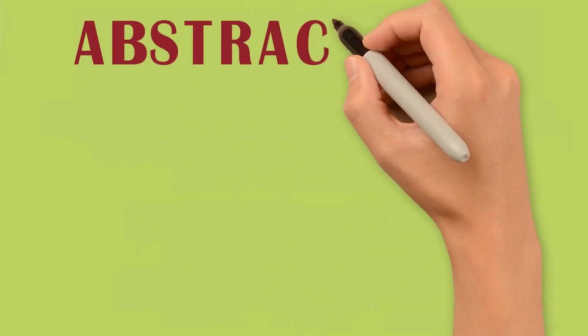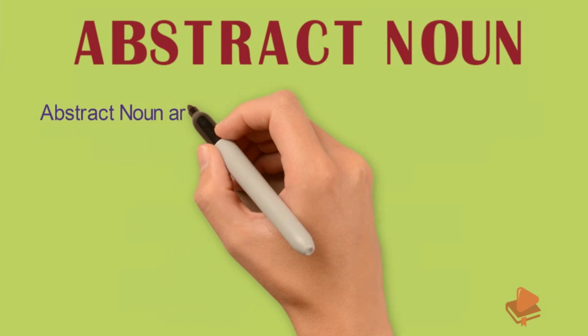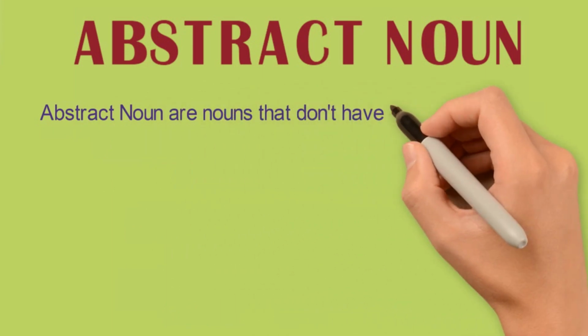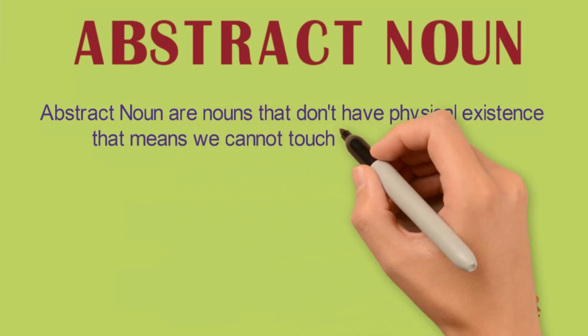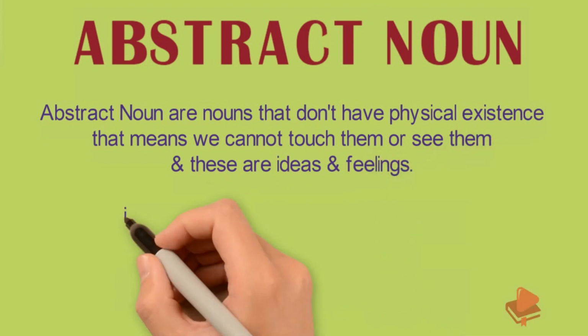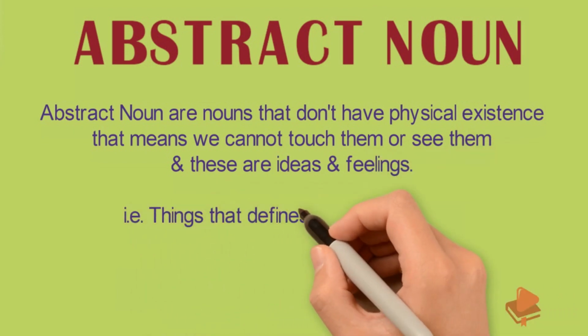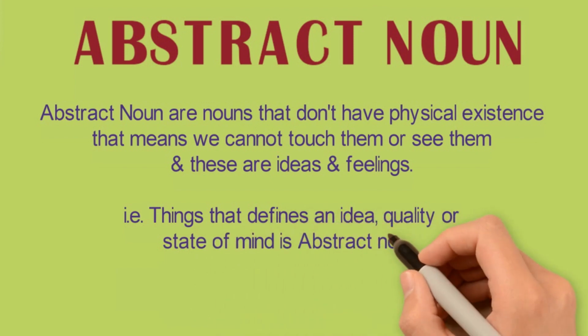Now let's see the other category of noun, and that is abstract noun. What is abstract noun? Abstract nouns are the nouns that don't have a physical existence. That means we cannot touch them or see them, and these are ideas and feelings. Like things that we define as an idea, quality or state of mind.